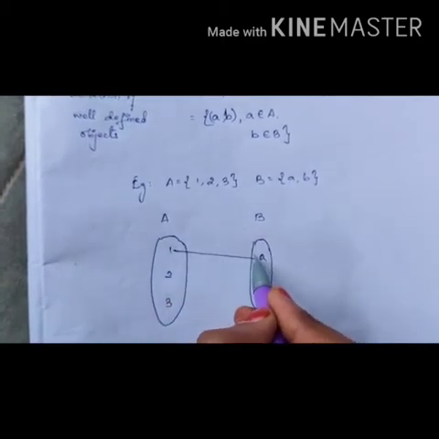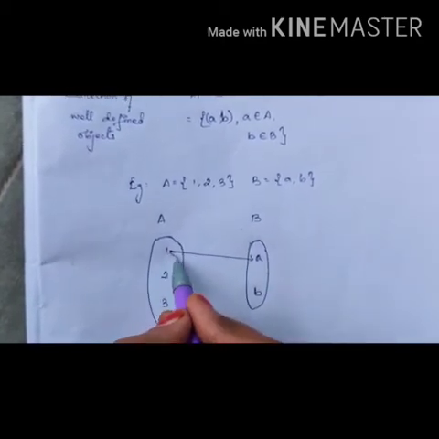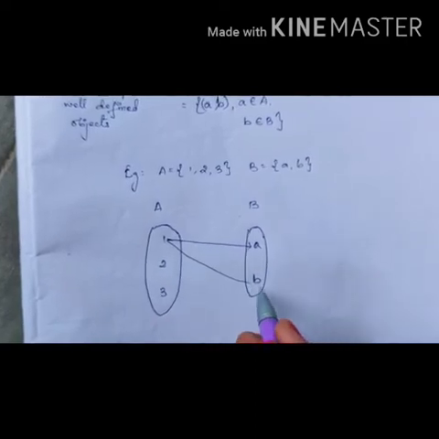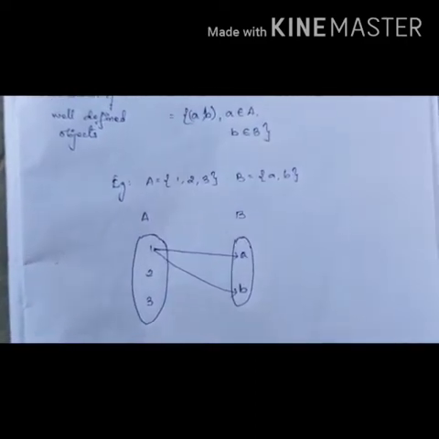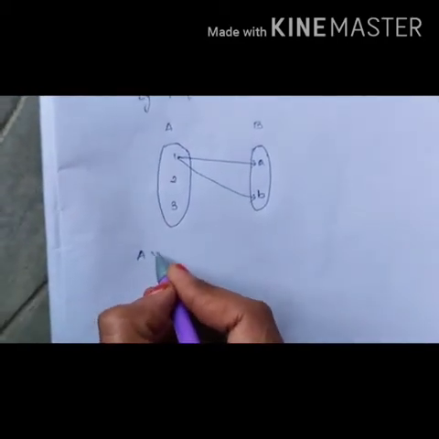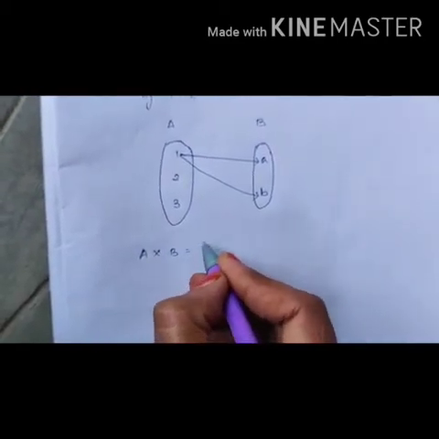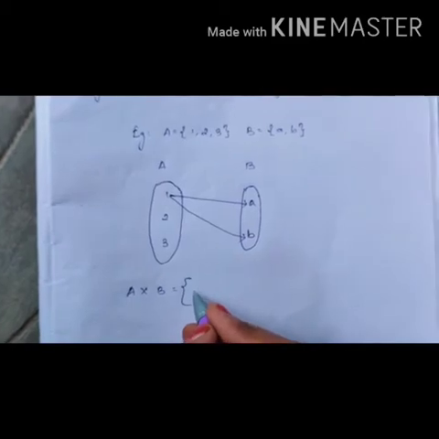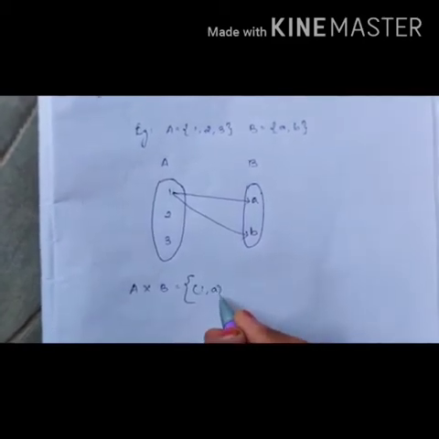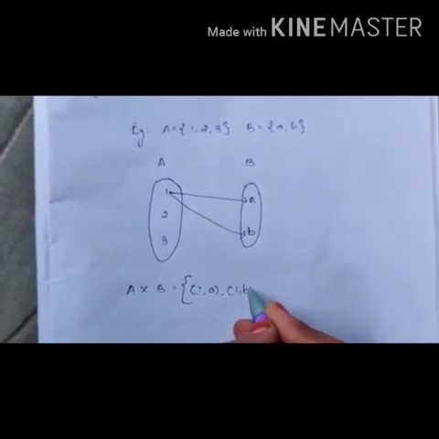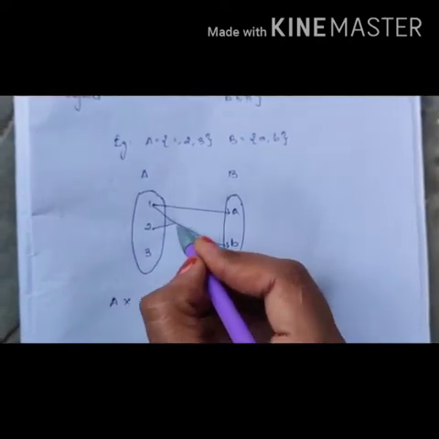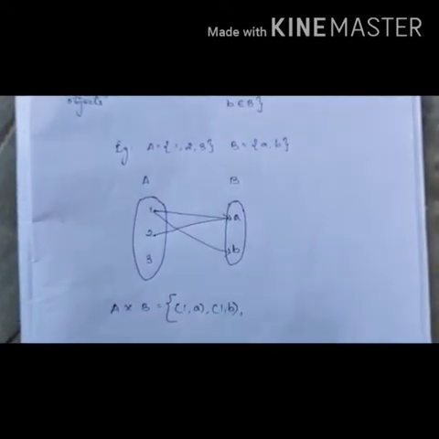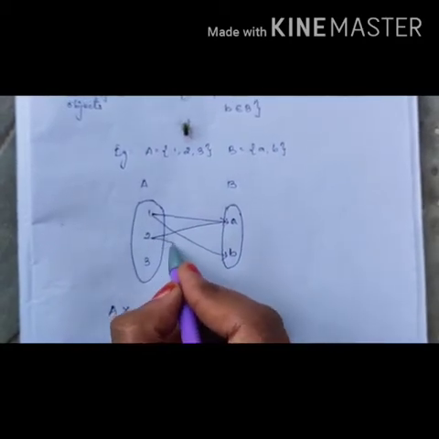So 1 a and another one is 1 b. So these are the first two ordered pairs in the cross product A cross B, where A cross B is equal to (1, a) and similarly (1, b). Similarly, we will do for (2, a) and (2, b).